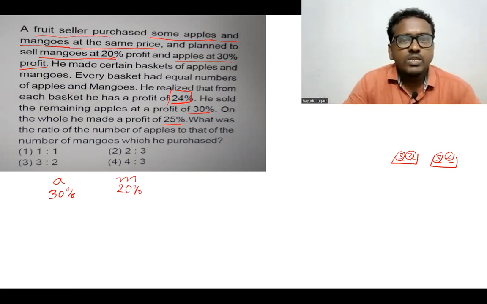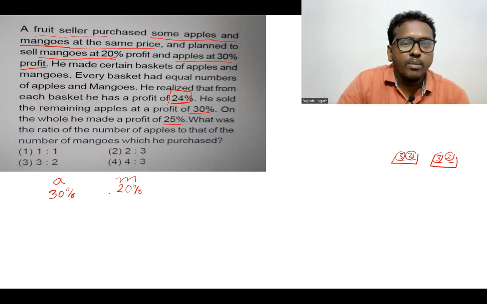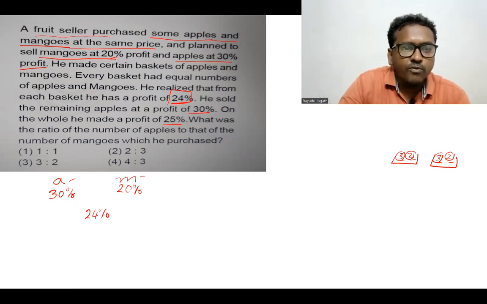A basket made up of apples and mangoes has a profit of 24%. I repeat: apples have 30% profit, mangoes have 20% profit, and the basket has 24% overall profit. So the quantity can now be obtained by the alligation rule.